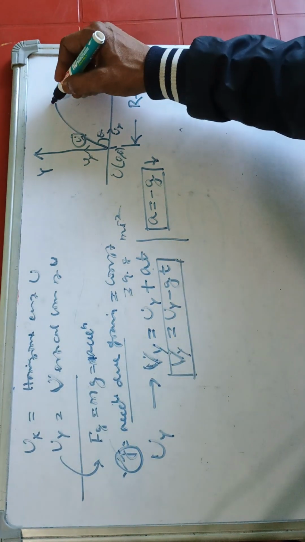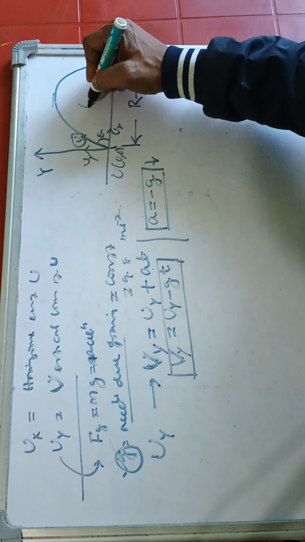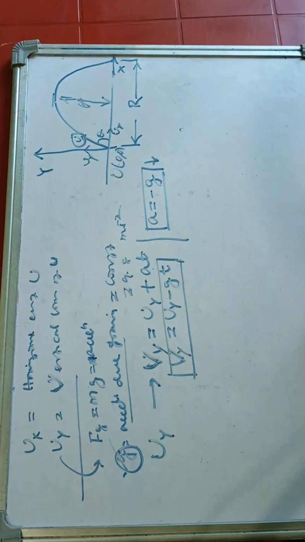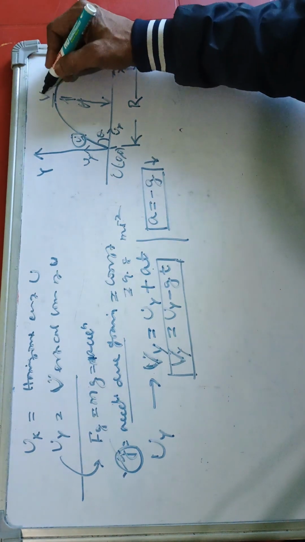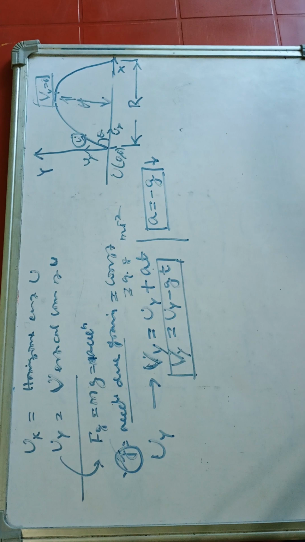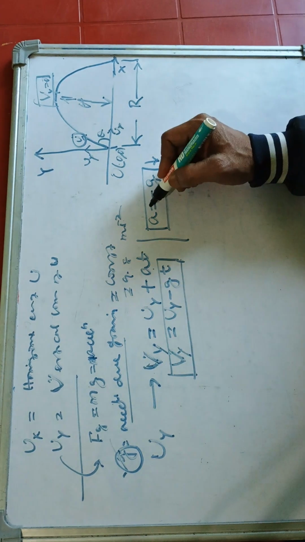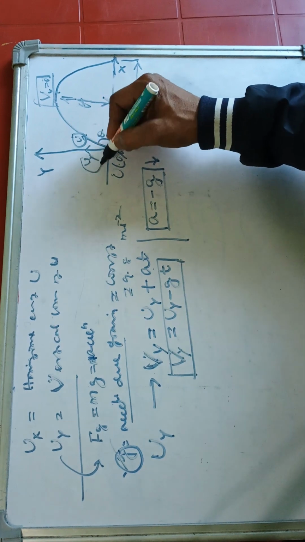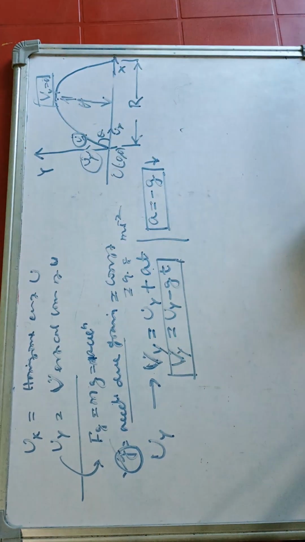At its maximum height, the velocity Vy will be 0. Then the vertical velocity keeps on decreasing from a certain value of uy to reach 0 at the highest point.